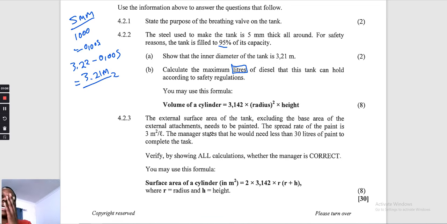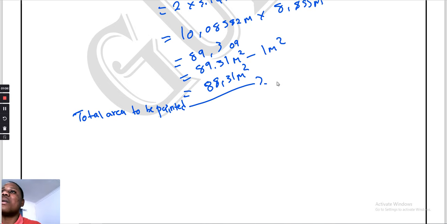That means 1 liter can cover 3 meters squared. So how many 3 meters squared do we have in 88.31? We divide this by 3 and the answer is 29.44.